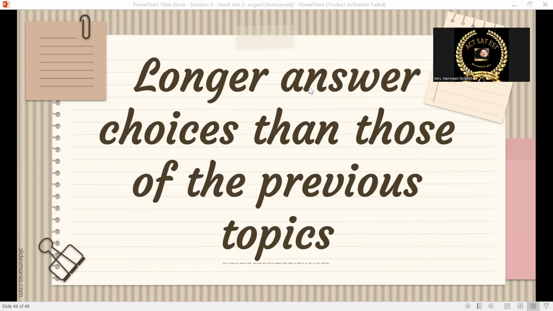But the modifiers will have longer answer choices. That's one. All these topics belong to the same domain, but the modifier topic has longer answer choices. You will not find one word or two word answer choices. Okay, what else, teacher?